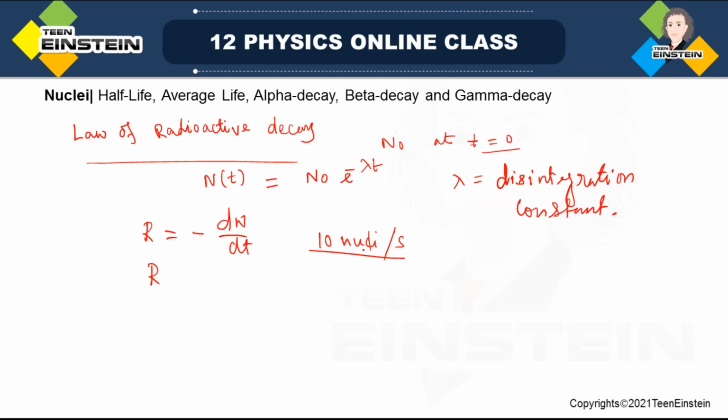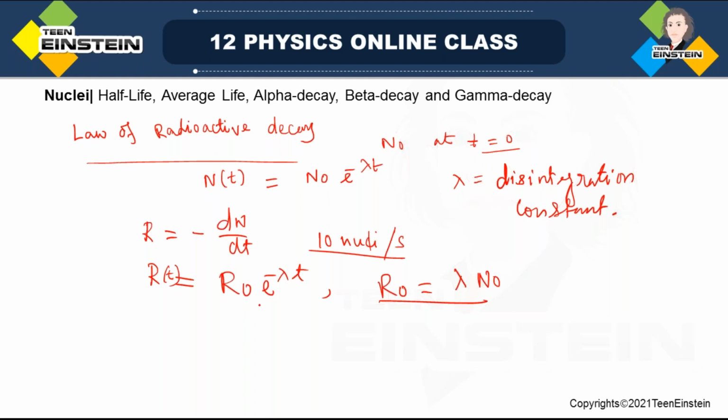This may not be constant always, because the decay depends on the number of nuclei present, so the decay rate also changes in a similar way. R0 is the rate initially at t equal to 0, and R is the decay rate at any time, so R = R0 e to the power minus lambda t. And what is R0? R0 is lambda into N0. So this is what we have learned.